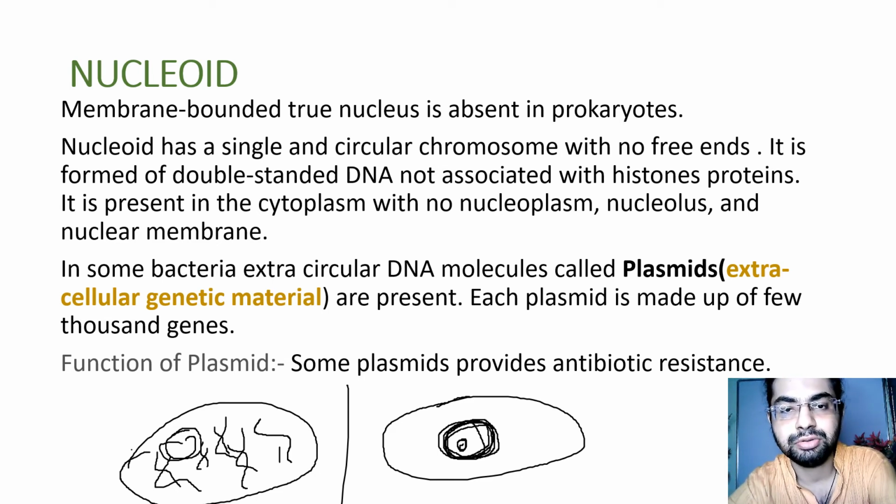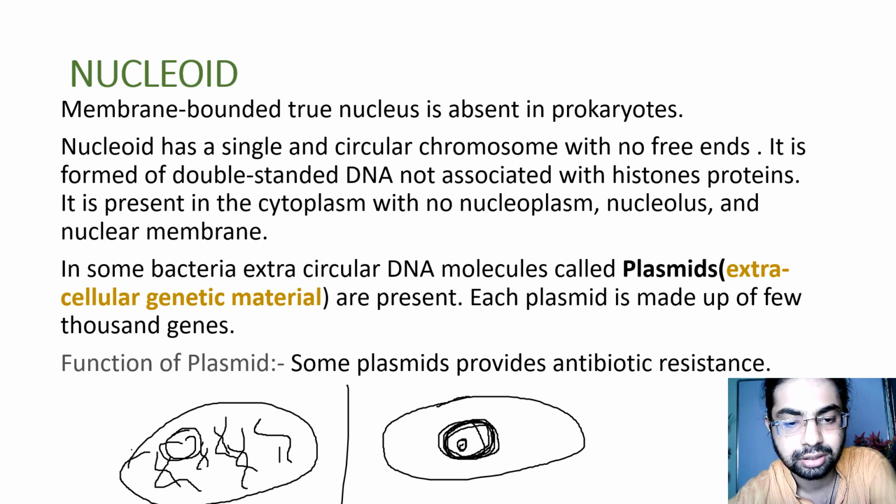I know these are new to you. I will explain these things in detail, what is chromosome, what is DNA, but for now remember that these nuclear materials are found free in the cytoplasm. In some bacteria, extrachromosomal DNA molecules called plasmids are present. So what are plasmids?